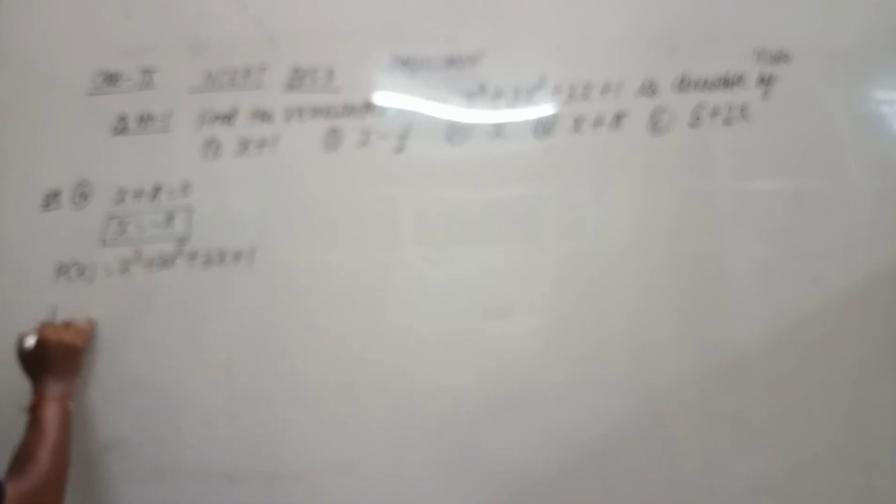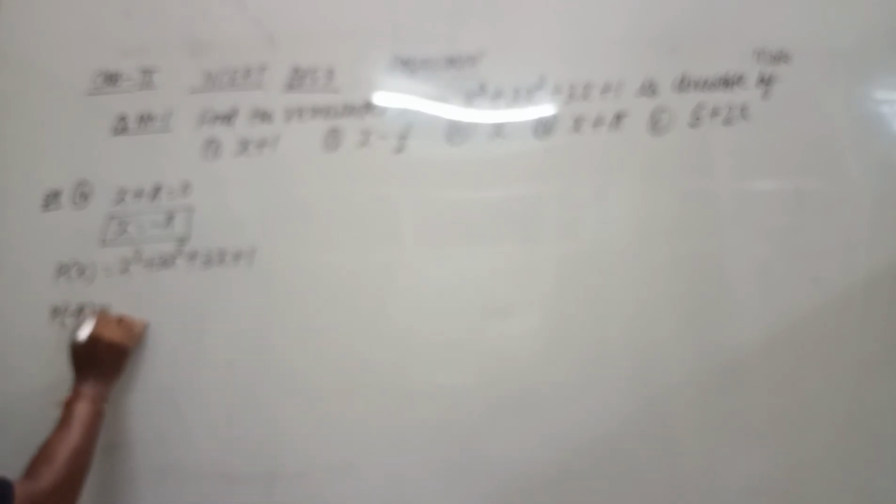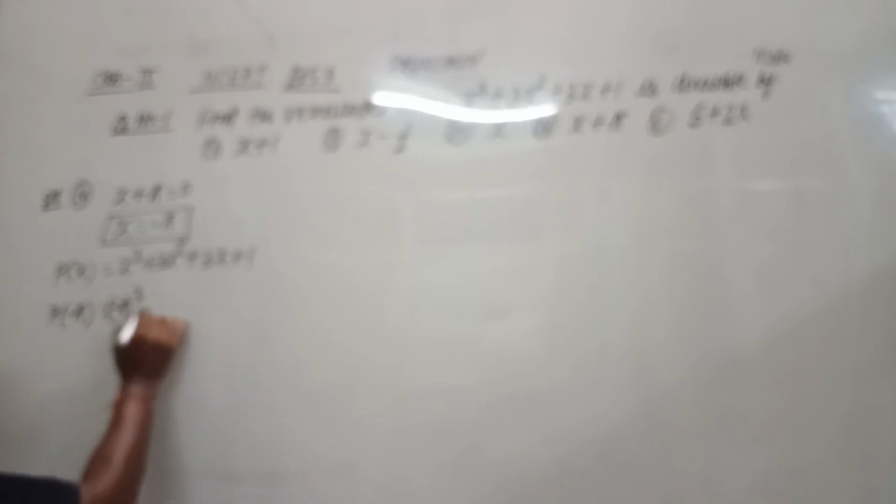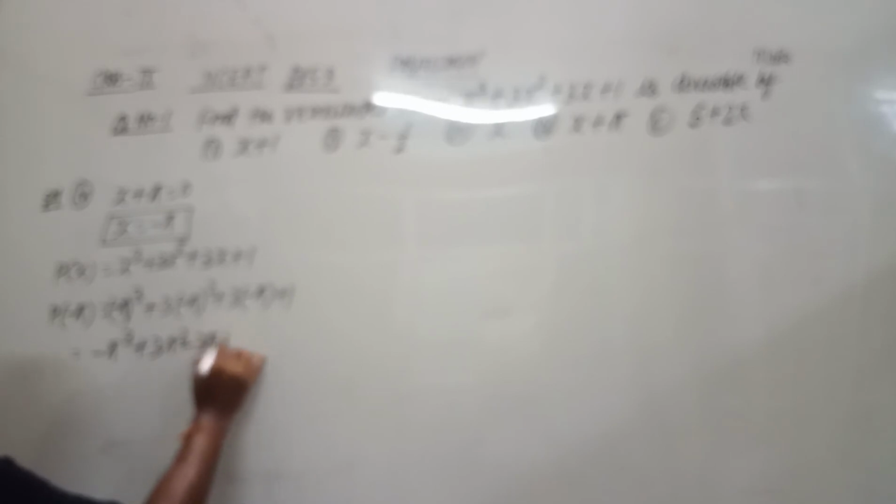Put the value of x equals minus p, so it comes minus p the whole cube plus 3 into minus p the whole square plus 3 into minus p plus 1, and we get minus p cube plus 3p square minus 3p plus 1. So the remainder we get is p of minus p. This is the remainder.